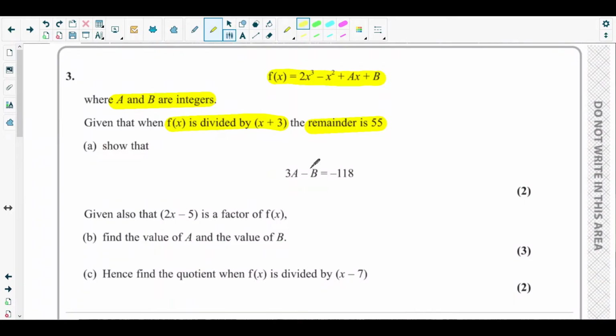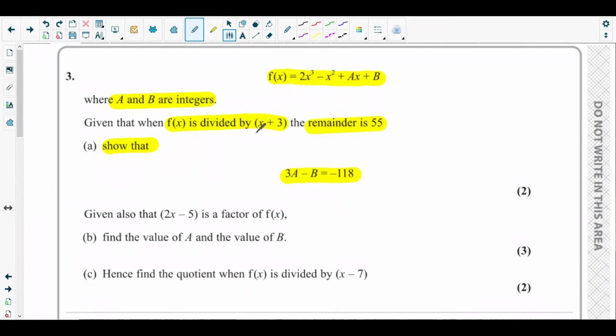Part A is asking us to show that 3a minus b equals negative 118.